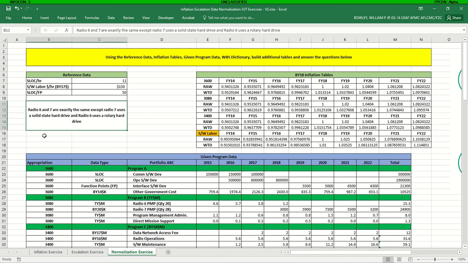Also, just a statement here regarding radios, which will become more relevant as we walk through the exercise, that radio 6 and 7 are exactly the same, except radio 7 uses a solid state drive and radio 6 uses a rotary drive. That's the difference that we talked about with the iPods.